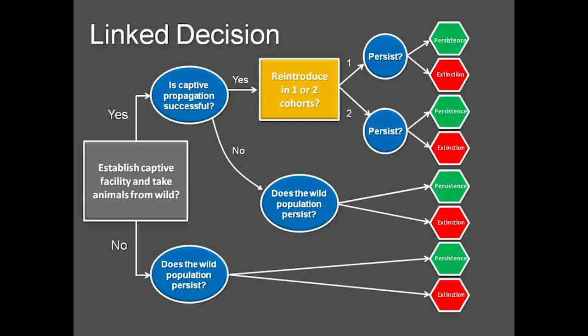So what we do in the case of linked decisions is we start from the end and we work backwards. In this case, we would start by solving the decision tree that begins at the reintroduce one or two cohorts. We would understand the smartest thing to do there, and then we would use that to work backwards through time. So that's a special case of a linked decision.